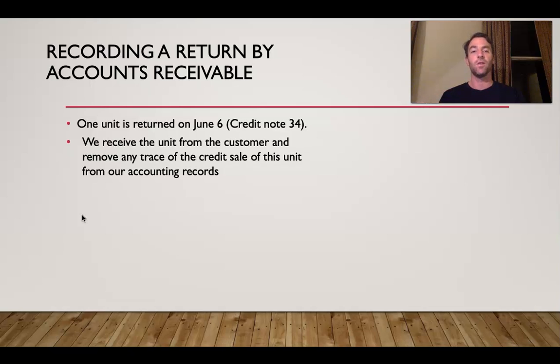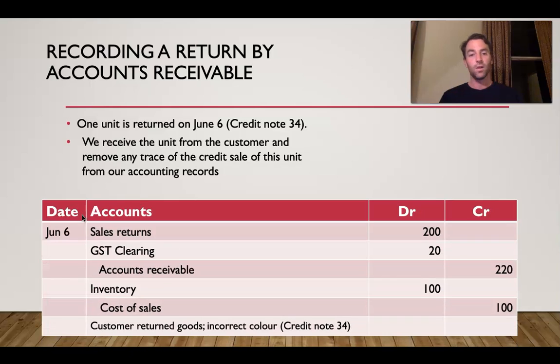1 unit has been returned. You might remember that 1 unit cost us $100 and we sold it for $200. So our accounts receivable is going to go down by $220. Accounts receivable, being an asset going down, is a credit, $220, because that customer will no longer pay us the $200 or the GST on that transaction.